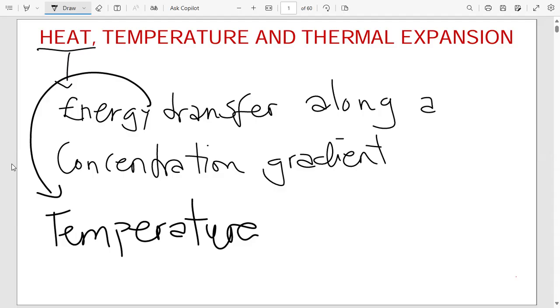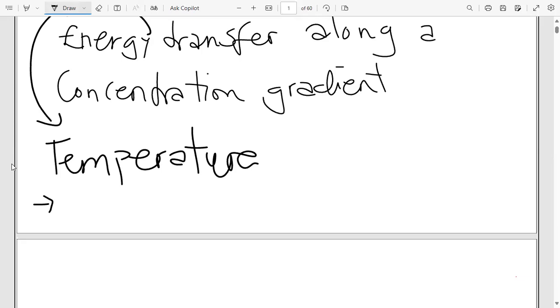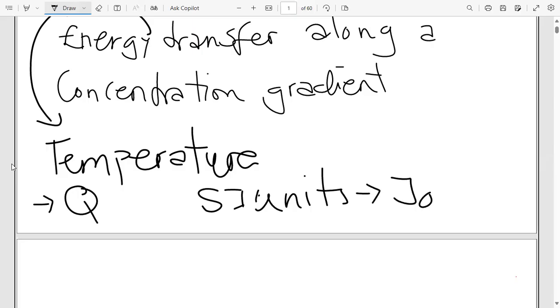Now, heat is measured in what we call its SI units. And what are the SI units of heat? Some of you might already be familiar with these. The SI unit for heat we call joules. So heat is represented by the letter Q as heat energy, and it is measured in its SI units of joules or calories.